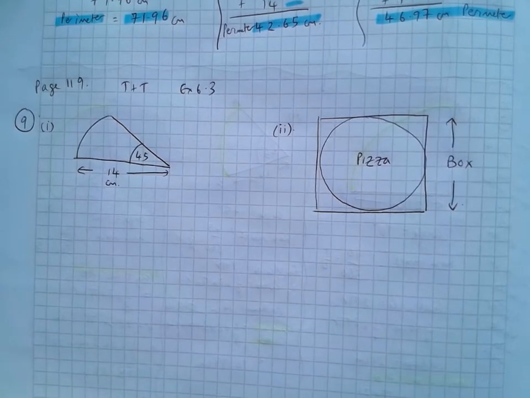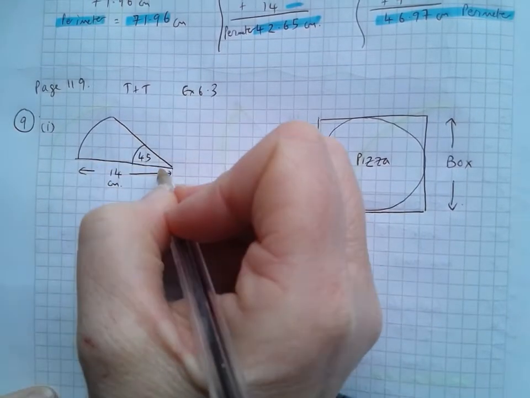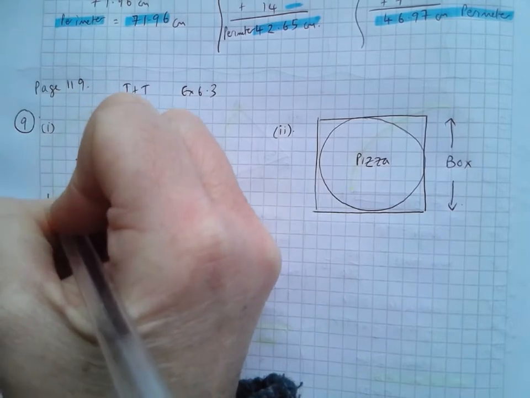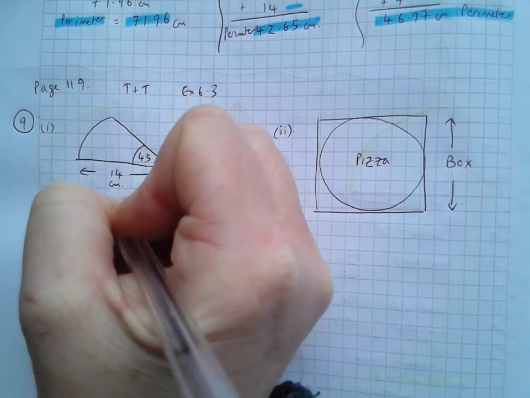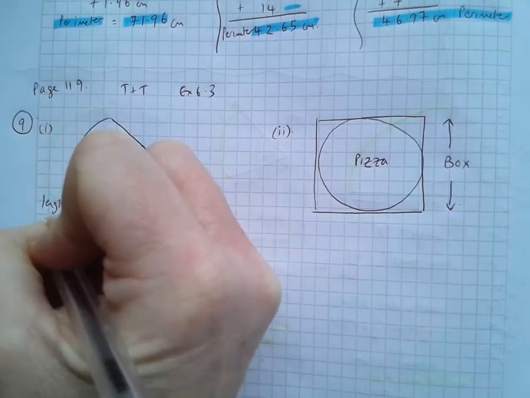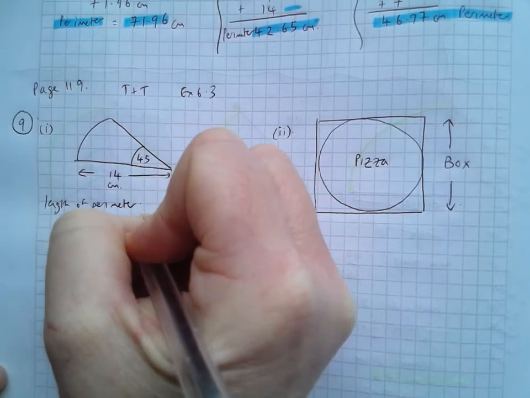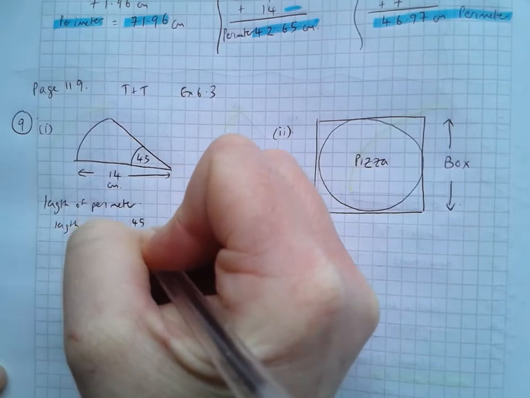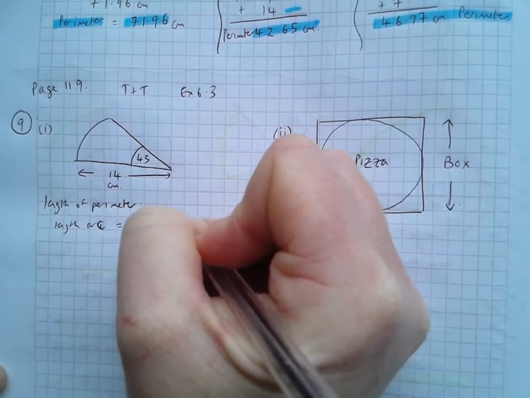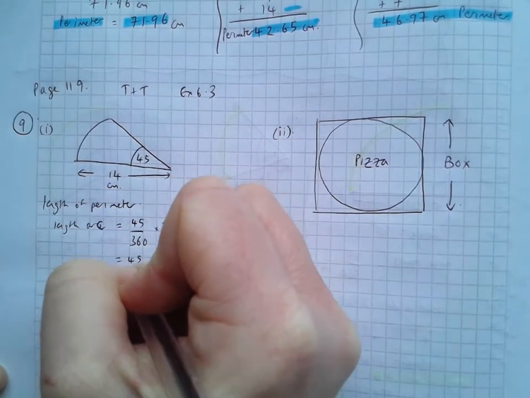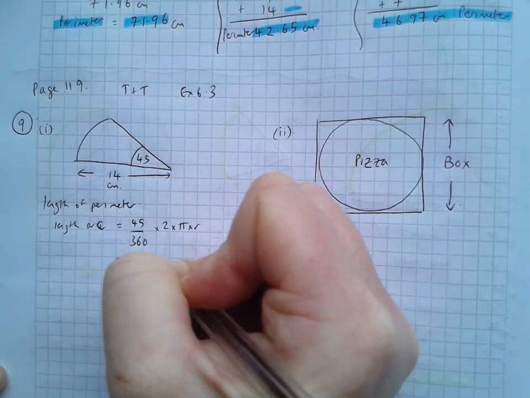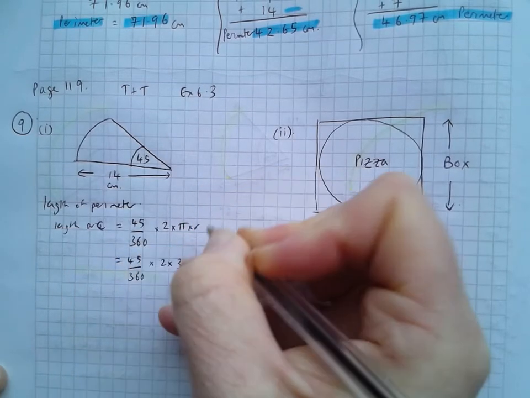We've got a piece of pizza here. We're trying to find the length of the perimeter. So it's very like the ones we've been doing. We've got the length of the arc. Arc is going to be 45 over 360 times 2 times pi times r. So 45 over 360 times 2 times 3.14 times 14.